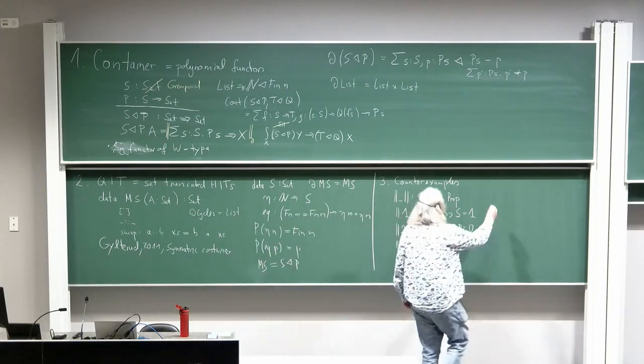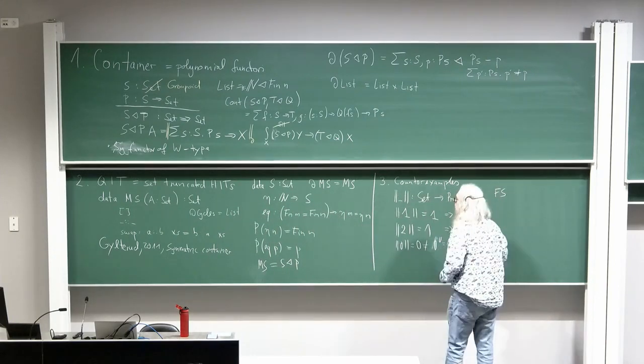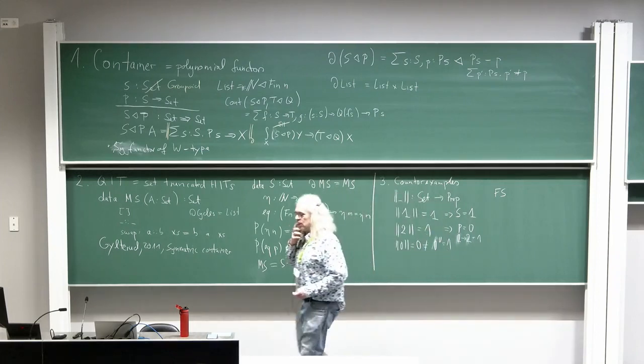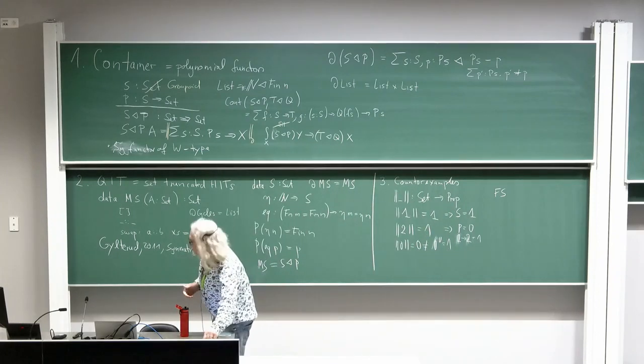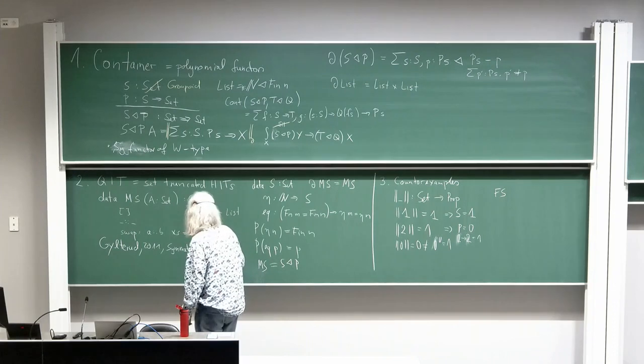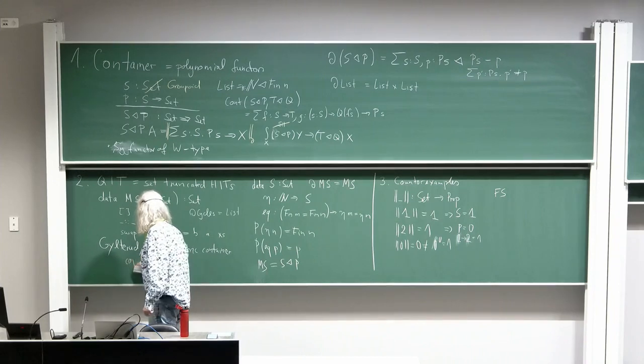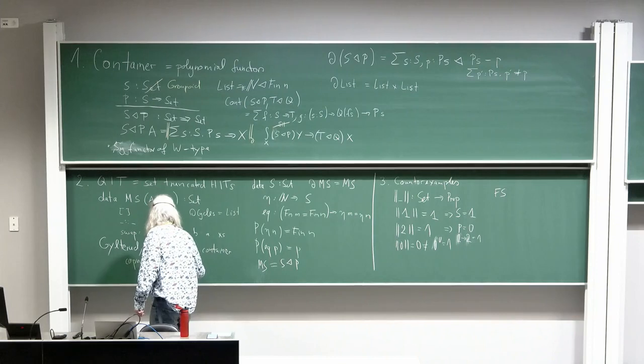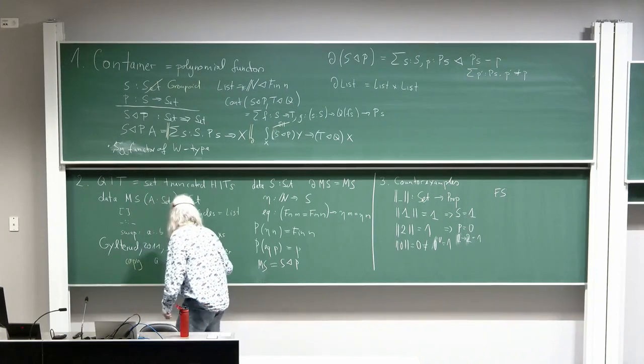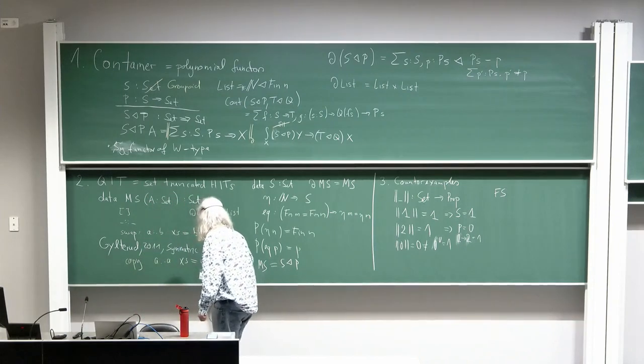It's finite sets. So finite sets we get by modifying our multisets, by adding another constructor, say copy, which says that A cons x's is equal to A cons A cons x's.